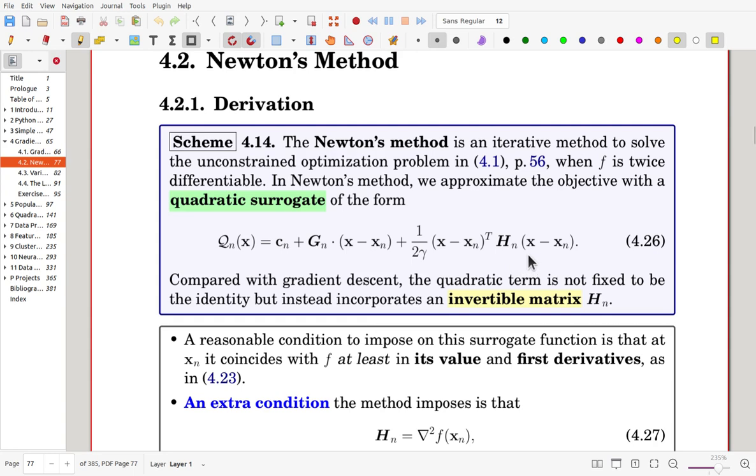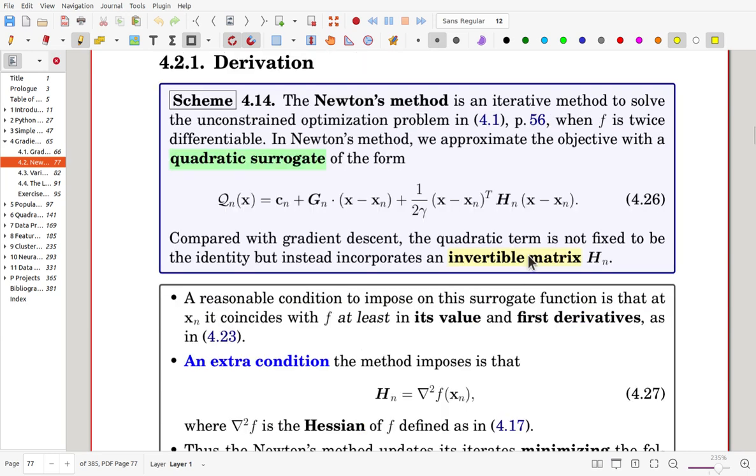We impose conditions. A reasonable condition for the surrogate function is that at xn, it coincides with f, at least in its value and first derivatives. That means gradient.